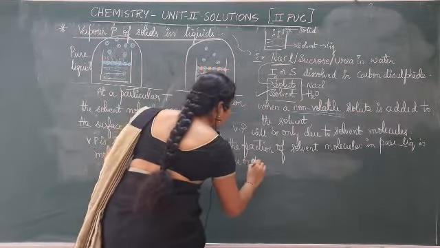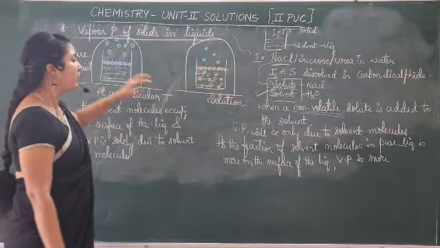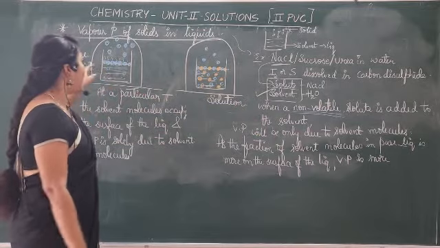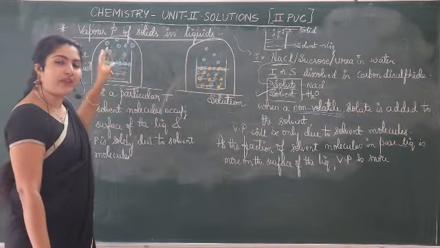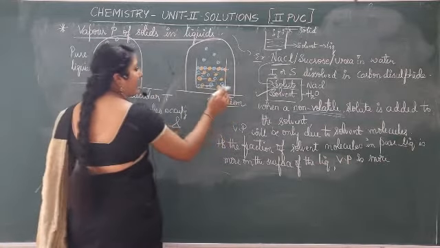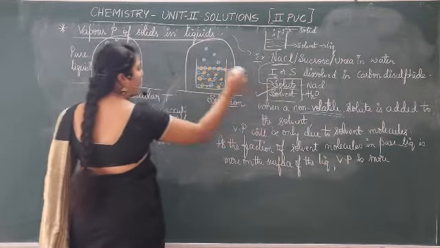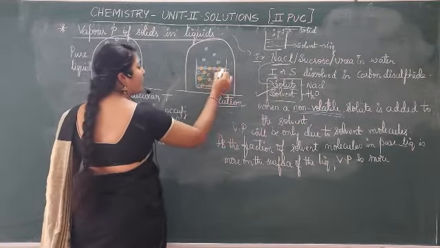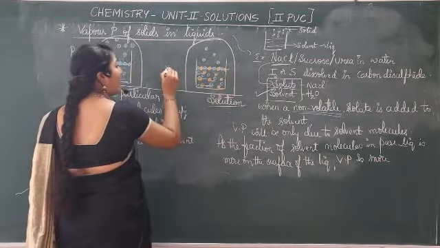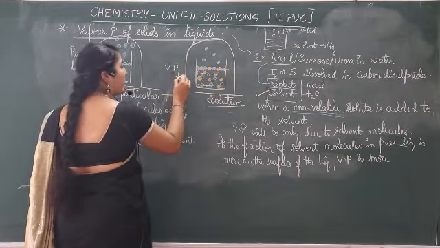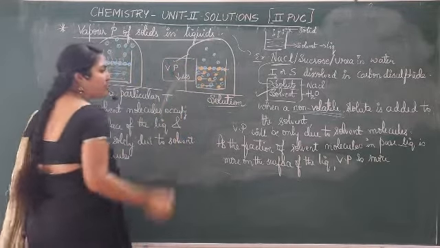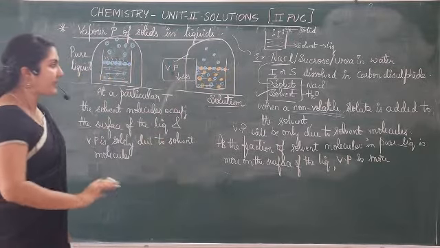That means vapor pressure will be only due to solvent molecules in pure liquid, fraction of molecules present is more, therefore vapor pressure is also more. Whereas in solution, when a non-volatile solute is added, the fraction of solvent molecules is less and therefore vapor pressure also decreases. That is the point you have to mention. Hope it is clear now.